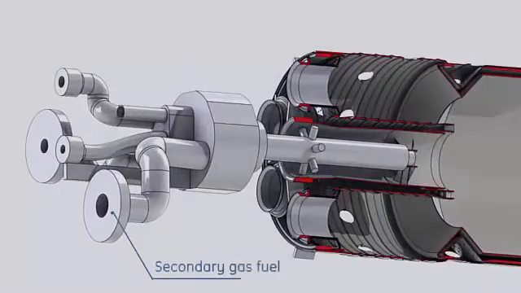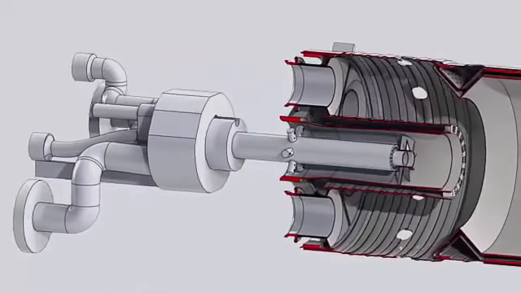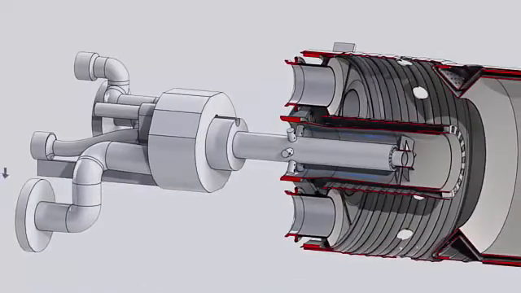The secondary nozzle features a supply flange for secondary gas fuel, which is injected into the secondary premix zone through multiple holes. A small amount of the secondary gas is injected after the secondary swirler. This amount is called the secondary gas subpilot. This amount of gas promotes the secondary flame stability.